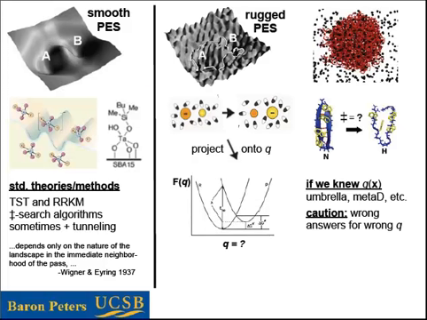Things look quite different when you look at processes like nucleation or protein folding or electron transfer or any reaction in solution, really. So for these kinds of processes, every time a solvent slips past a solute, or a solvent slips past a solvent for that matter, you get a small little bump on the potential energy landscape, and maybe you get a saddle and a local intermediate associated with that.